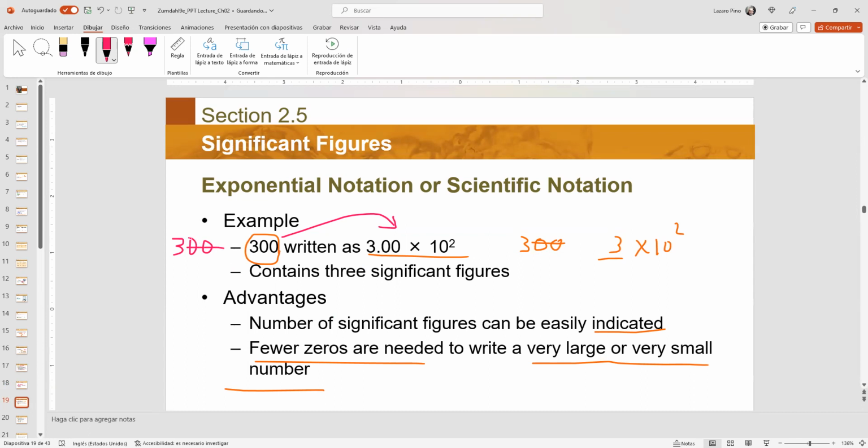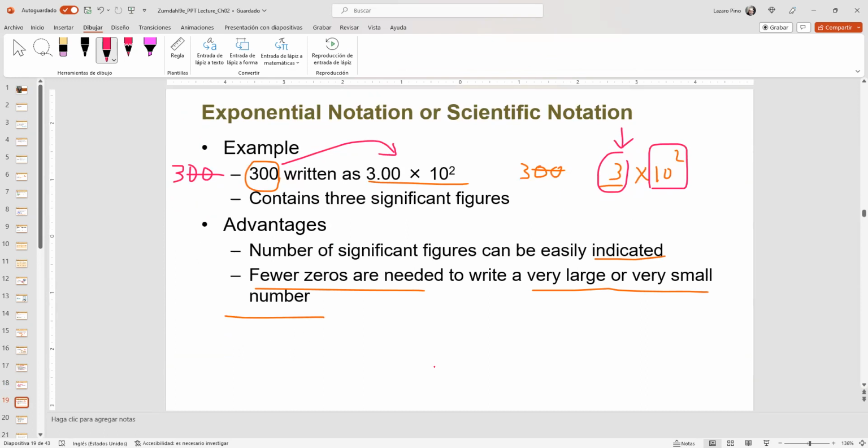If you convert this into scientific notation, the way you have to express it is 3 times 10 to the second. Then 300 is 3 times 10 to the second. And this number has only 1 significant figure, because the exponential part in scientific notation is not considered a significant figure.